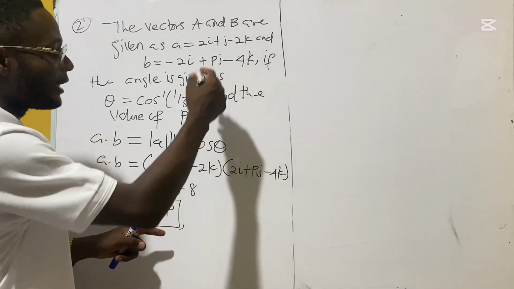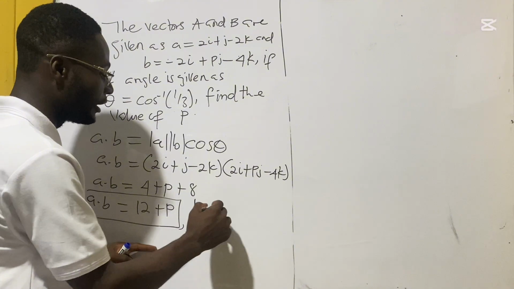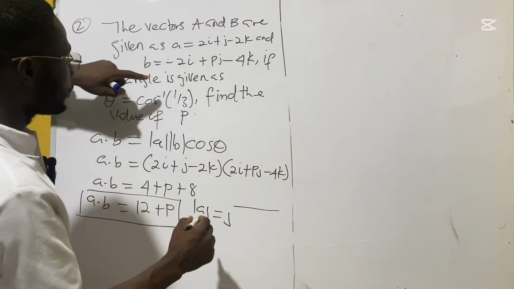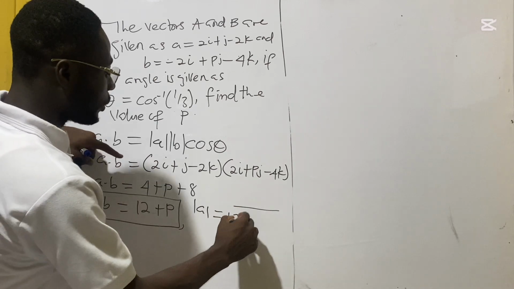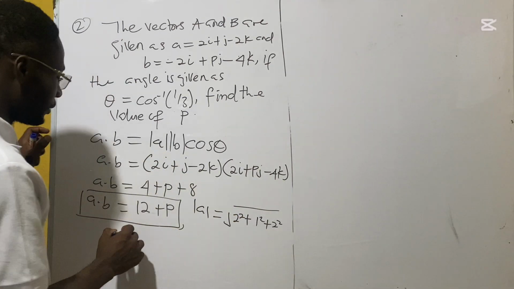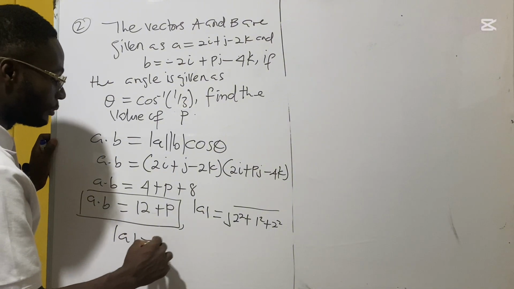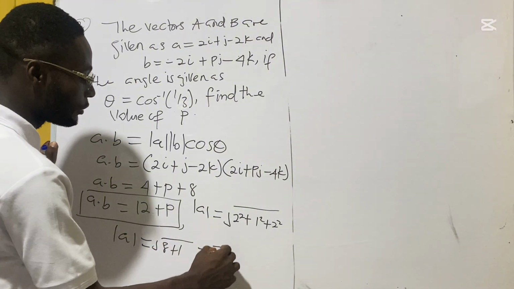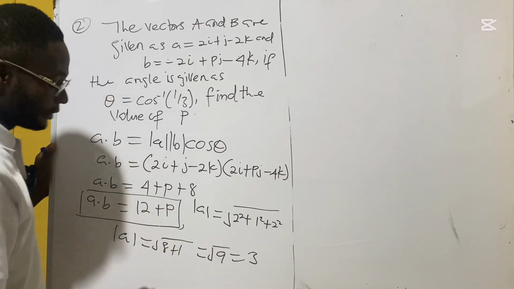Okay, let's find the magnitude of a. So the magnitude of a will be equal to the square root of 2 squared plus 1 squared plus 2 squared, right? So we're going to have the magnitude of a to be equal to the square root of 8 plus 1, that is the square root of 9, basically 3.